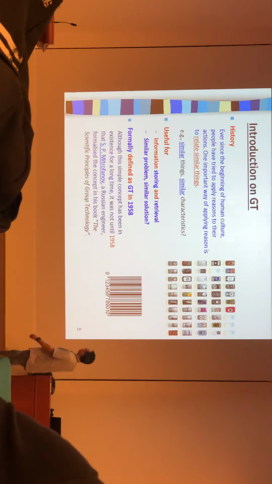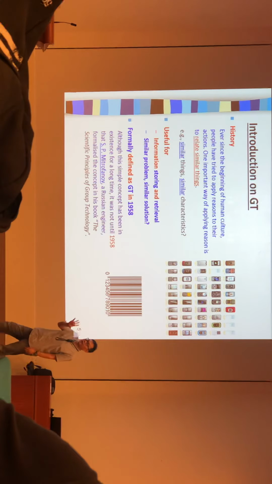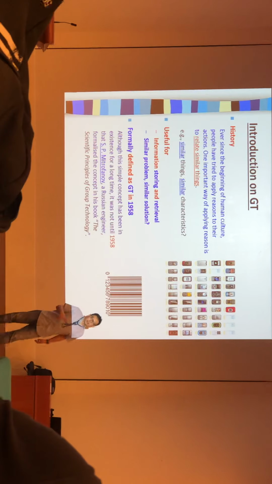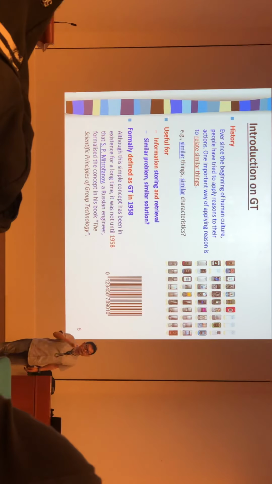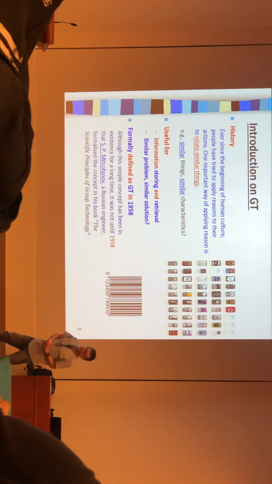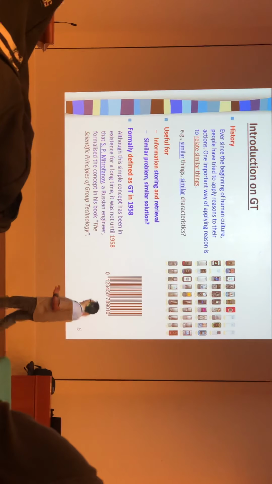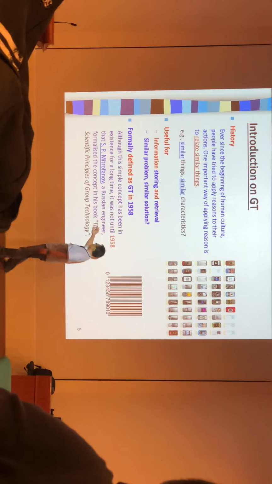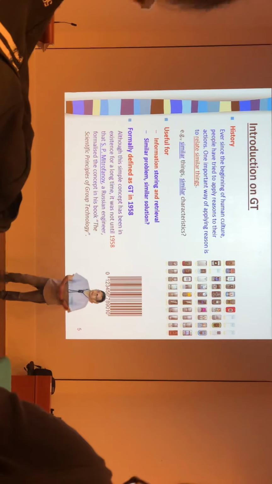But as an automation technology, especially applied to the manufacturing or production industry, it is not very recent, but still recent. Group technology, or GT, was formally established as an automation technology in 1958. There was a Russian engineer who wrote a book called The Scientific Principles of Group Technology.